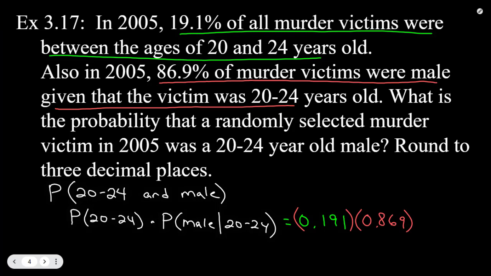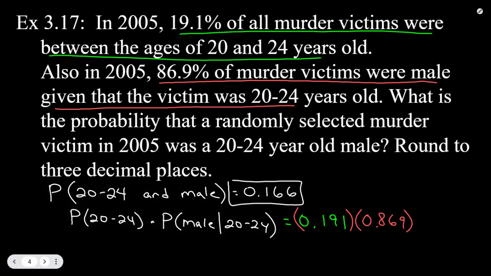Then we're just going to multiply those together and round off to 3 decimal places. 0.191 times 0.869, and our answer is 0.166, rounded off to 3 decimal places.